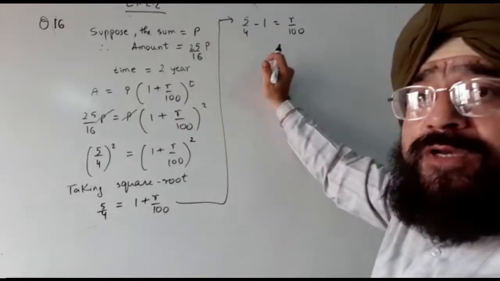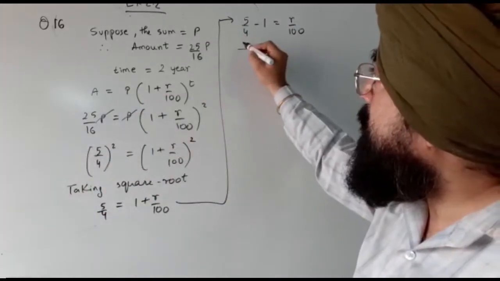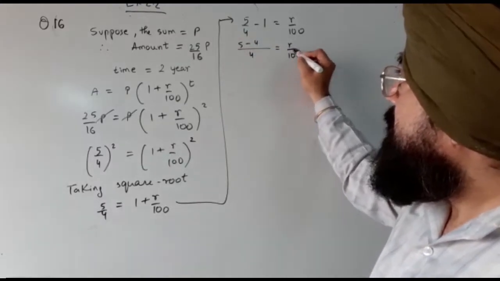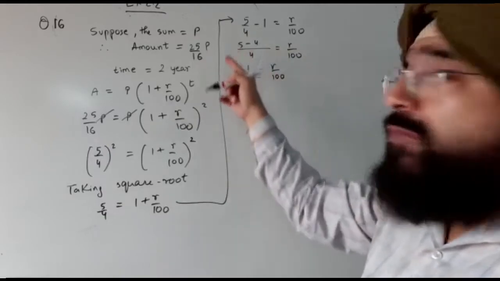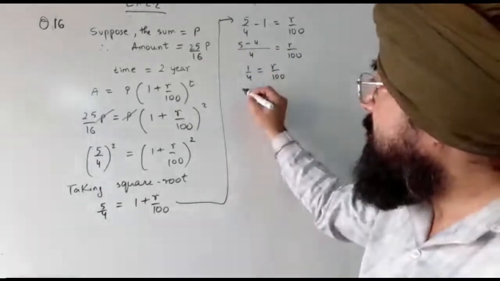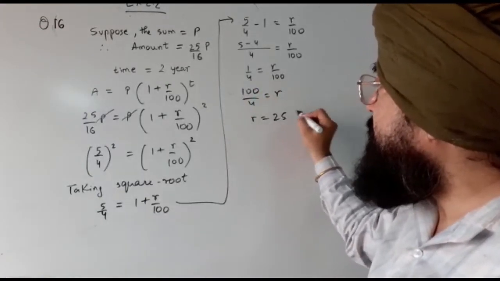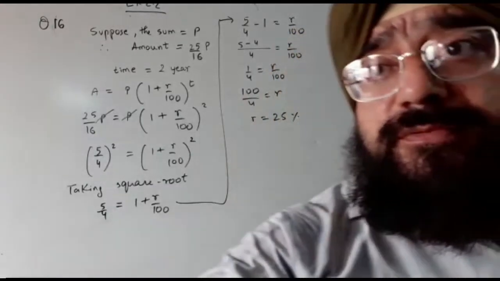Or maybe whatever way you want to solve it. I will bring 1 on the other side. Take LCM and all. 5 minus 4 upon 4 is equal to r upon 100. So that becomes 1 upon 4 is equal to r upon 100, and I will now do alternando, that is cross multiply 100 on the other side. 100 upon 4 is equal to your r, will give you r equal to 25%. I hope this is clear to you.